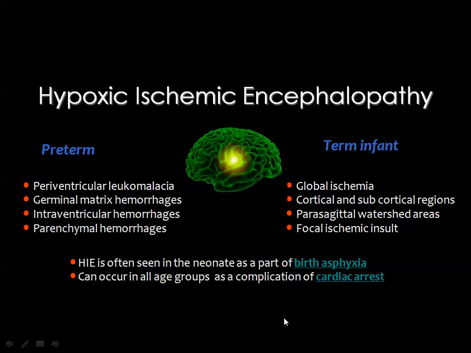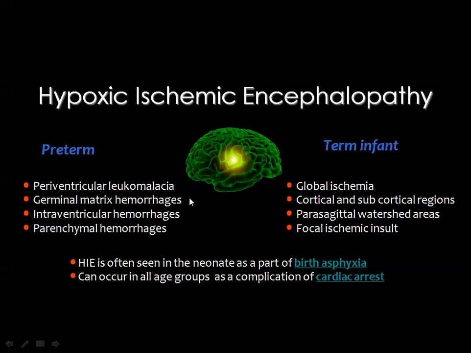Then we have to discriminate the changes in the neonates, considering whether they are preterm or full-term infants. The premature infants will have different lesions compared to those born at the normal expected gestational age. There are marked differences between the changes seen in the preterm infant compared to the term infant.